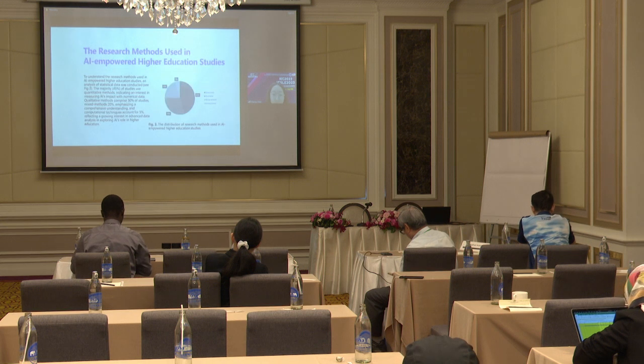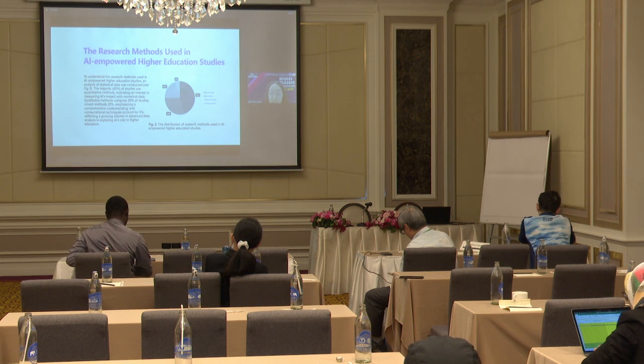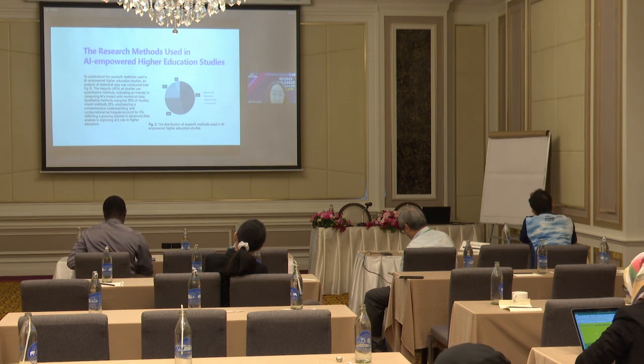Figure 3 shows us the research methods used in AI-empowered higher education studies. The majority of studies use quantitative methods, indicating an interest in measuring AI's impact with numerical data.